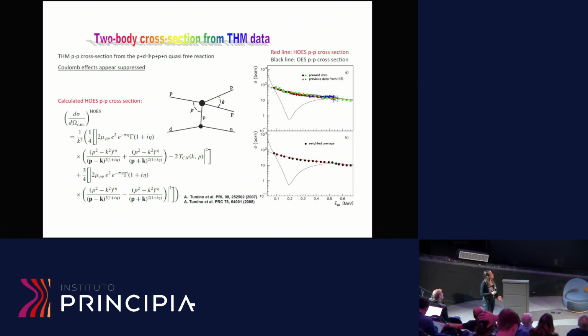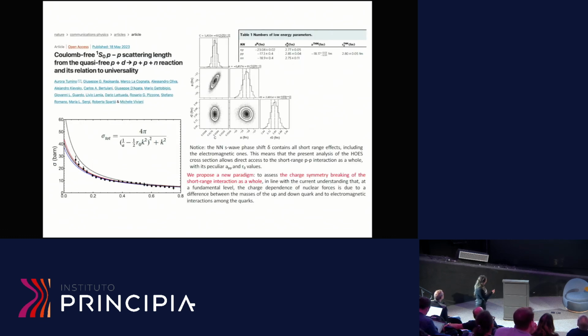So at some point, some years ago, we thought, why don't we use this trend in order to get an estimate of the scattering length for the proton-proton without the Coulomb effects, so a Coulomb-free scattering length. And this is what we did. So I go very fast.